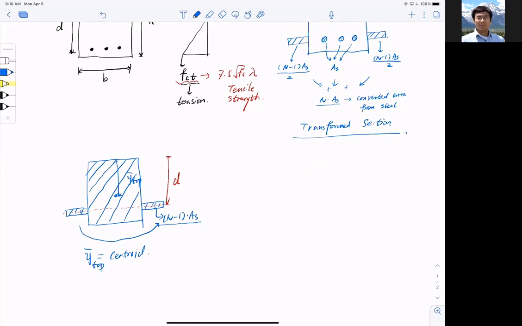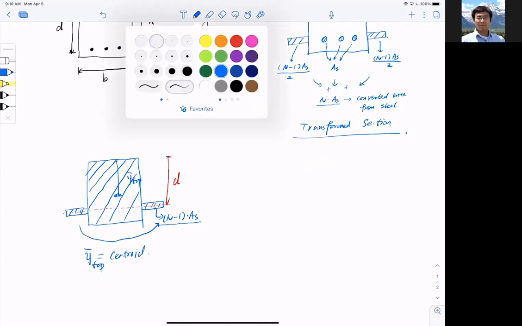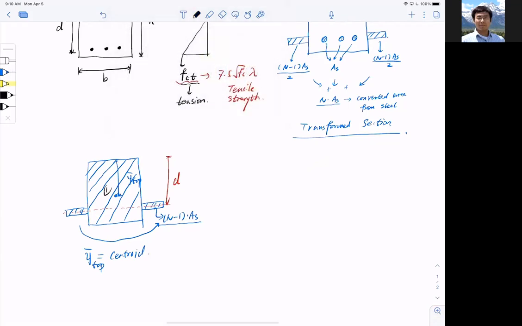All right, so how do I find the center? Now I divide this into two pieces. The major rectangular piece is called 1, and the little wings are called 2.